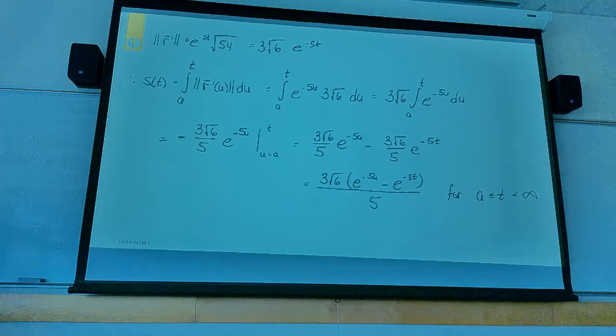Now, it didn't ask for it. But what if it wanted the arc length parameter? Or the arc length parameterization? Well, the arc length parameter is s, which means you'd have to solve that for t.